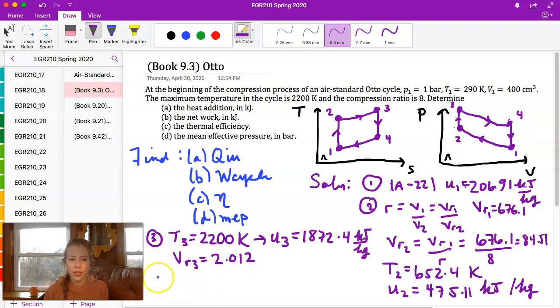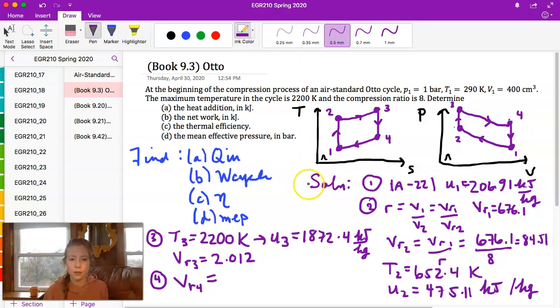Now finally, looking at state 4, because we're dealing with an isentropic process, VR4 over VR3 is going to be the same ratio as V1 over V2, or VR1 over VR2.